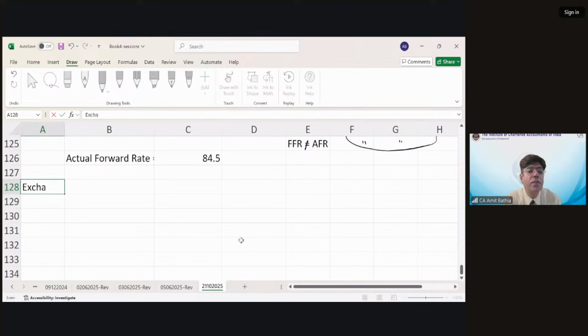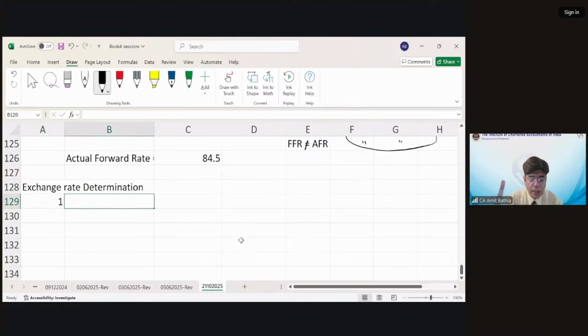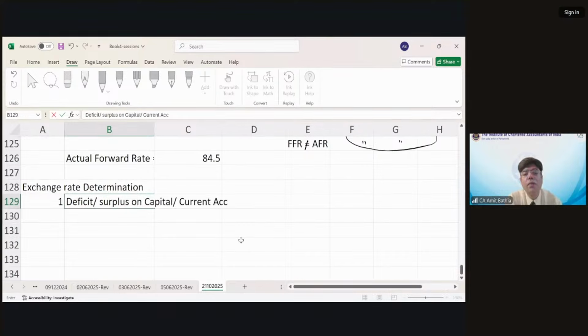What are these 5 factors? So first, whether you are having a deficit or surplus on capital or current account in your country vis-a-vis that particular currency, right?